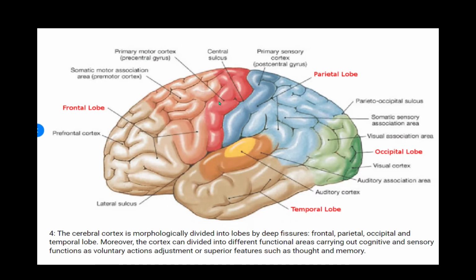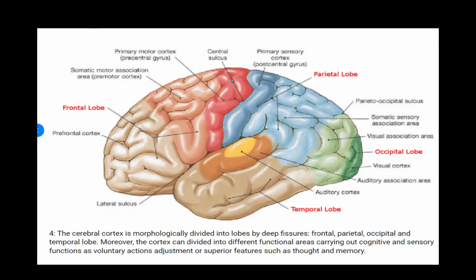Just adjacent to the primary motor cortex is the secondary motor, or the somatic motor association cortex, in the premotor cortex. So this is the motor and this is the premotor. It's association, which means it's supporting the primary motor cortex. Primary motor means most of the nuclei responsible for movements, the large nuclei, are found within this precentral gyrus.